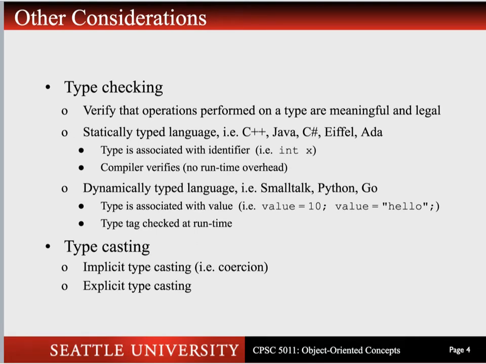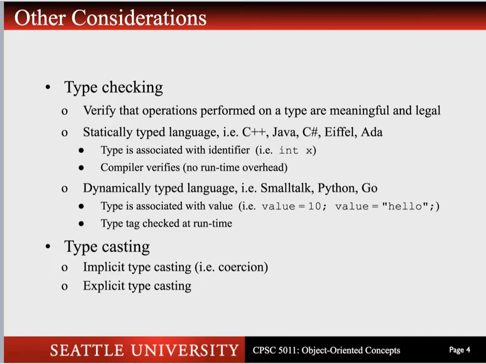Some considerations in terms of type include type checking, which verifies that operations performed on a type are meaningful and legal. We have statically typed languages. For example, Java is a statically typed language. Later on, we'll be talking about C++. Here, the type is associated with an identifier.